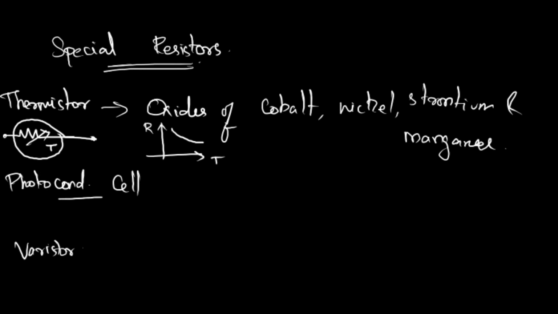Next we have a photoconductive cell. The photoconductive cell is a two-terminal semiconductor device whose terminal resistance is determined by the intensity of incident light. Now this is the symbol of a photoconductive cell. Since it is a semiconductor, it has a negative temperature coefficient of resistance. Next we have the varistor.